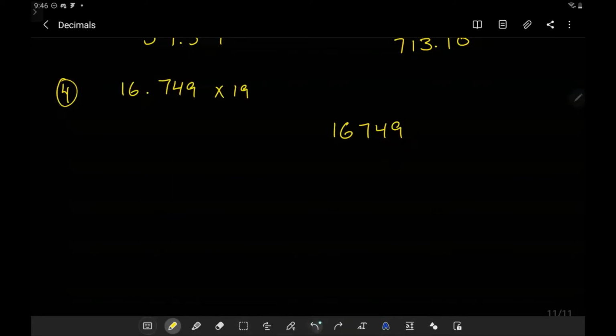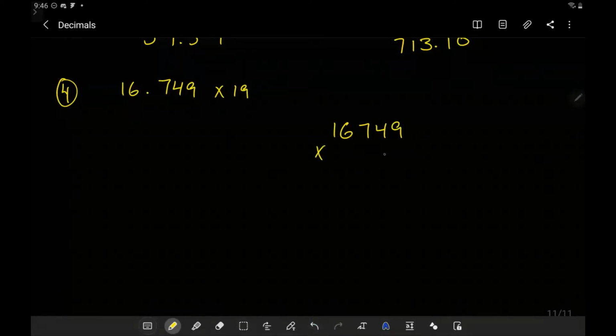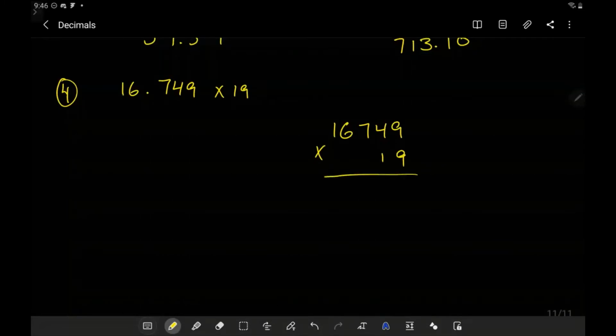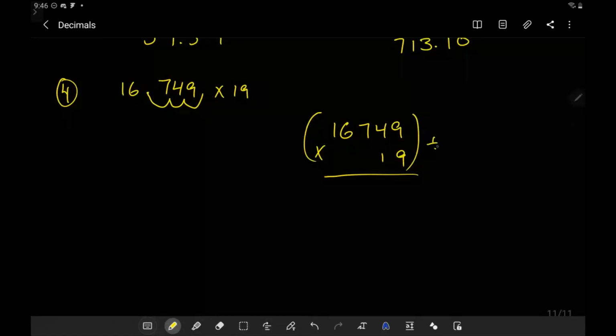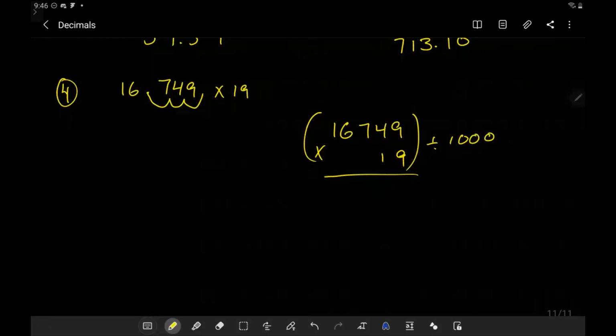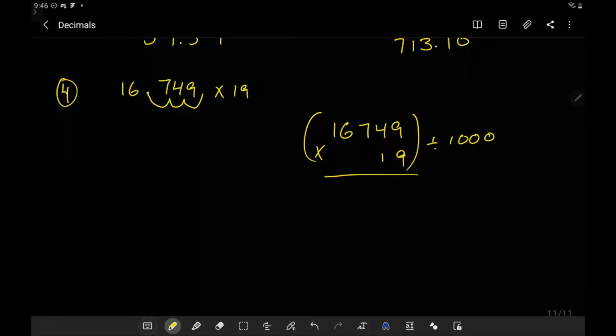And remember, we want to divide by what after? 100? No, not 100. This would be 1,000. So don't get accustomed to doing one thing over and over; you have to understand what is going on generally. We had 3 decimal places, so we divide by 1,000.